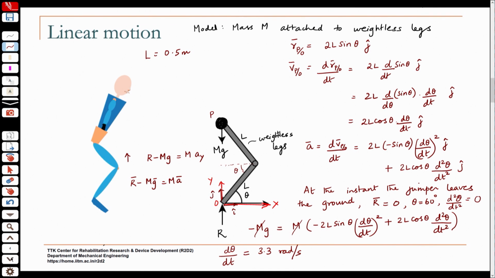So, if the legs straighten at a lower speed, then jumping cannot occur. It has to be at least this much to generate that propulsive force. Why don't you do it for theta equal to 90 and see what you get?